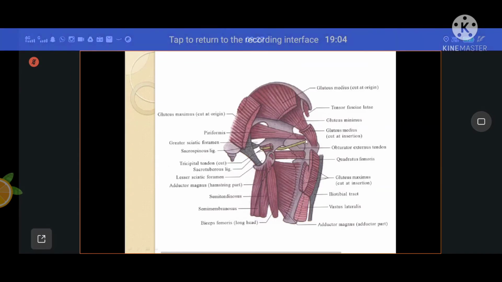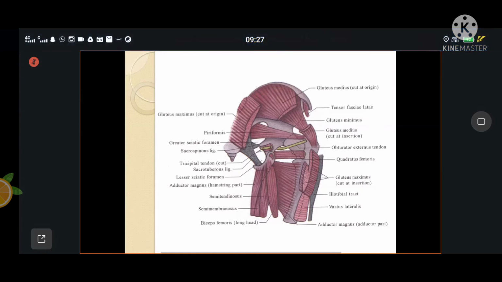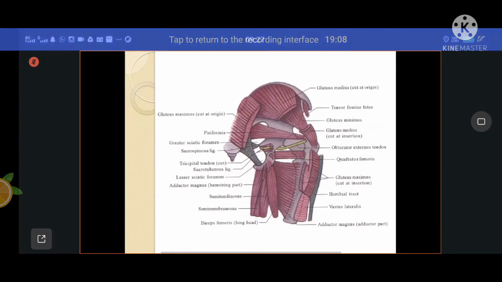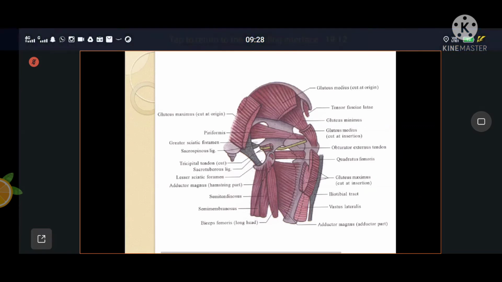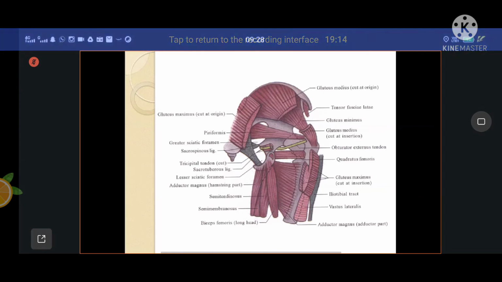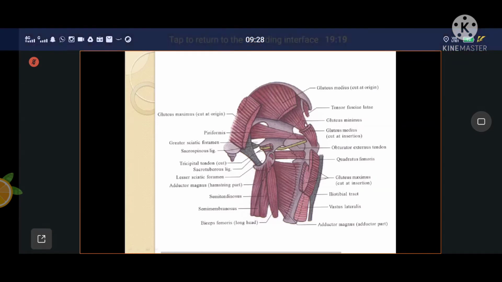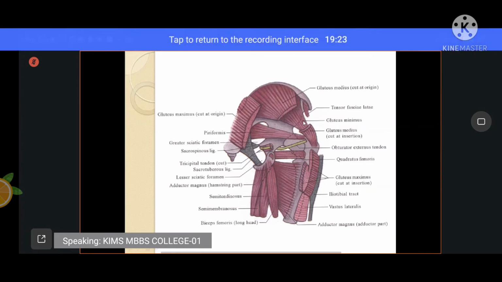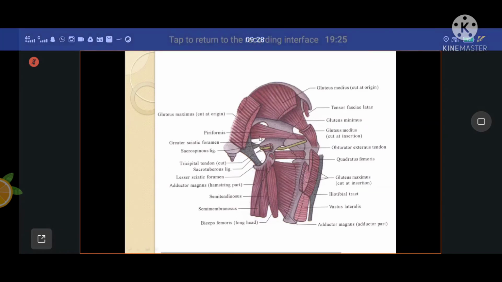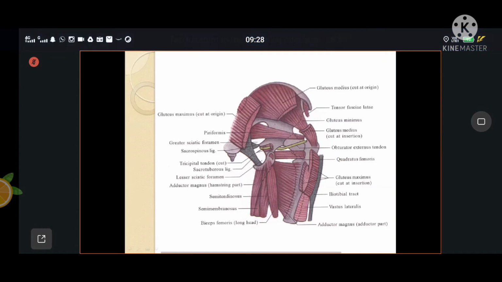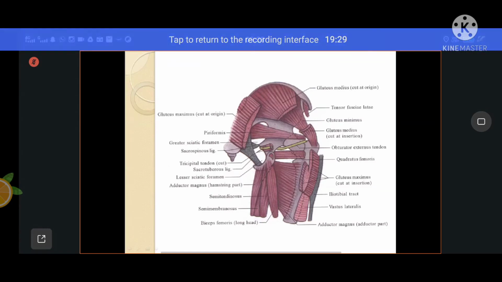So till now we have studied three muscles which are getting inserted to the greater trochanter. One is the gluteus medius muscle, which is getting its insertion into the lateral surface of the greater trochanter. Gluteus minimus muscle, which is getting its insertion into the anterior surface of the greater trochanter. And now the piriformis muscle, which is getting its insertion into the tip of the greater trochanter.